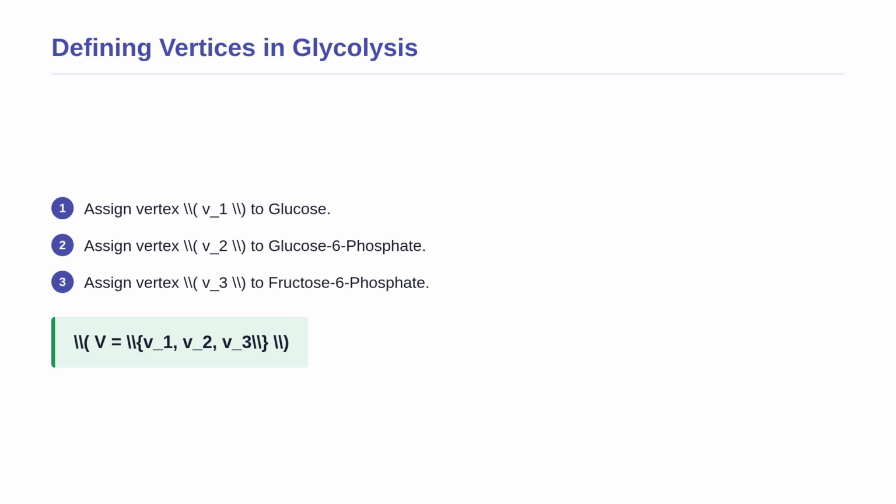V1 is glucose, V2 is glucose 6-phosphate, and V3 is fructose 6-phosphate. Our final set of vertices, V, contains these three distinct nodes. This tells the computer exactly how many chemical entities exist in our mini network, forming the foundational list of items for our database query.